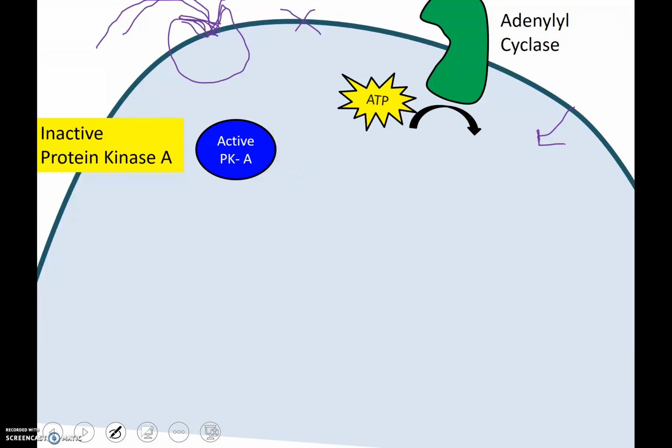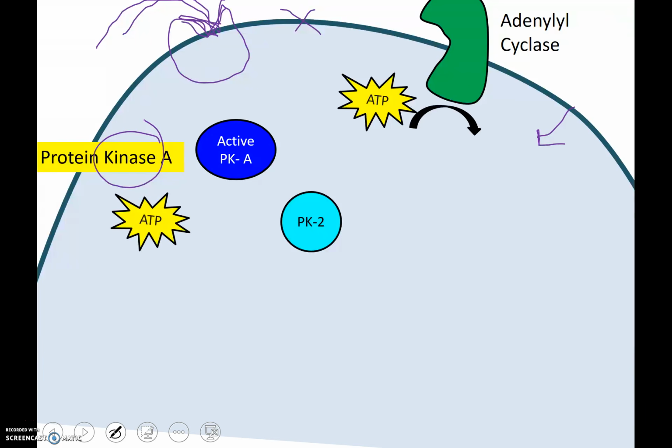So once it becomes active, remember it's a kinase, and kinases transfer phosphate groups. Here, protein kinase A is going to take a phosphate off of ATP, so you can imagine hydrolyzing ATP into ADP and a phosphate.